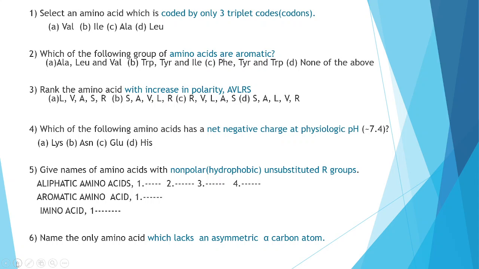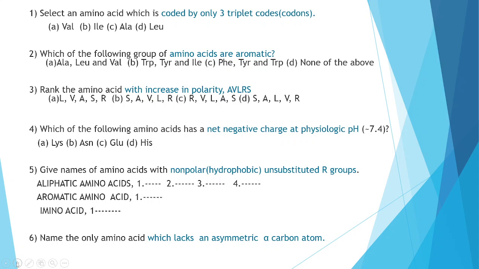And options are valine, isoleucine, alanine and leucine. I will give you answers, and for that I'm giving you a certain period of time so that you yourself solve the questions. Later on I will give you answers. So this was my first question.